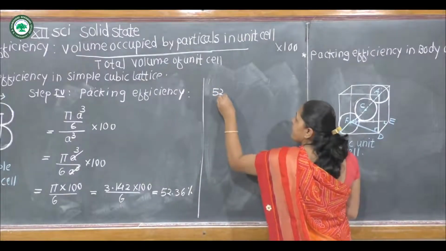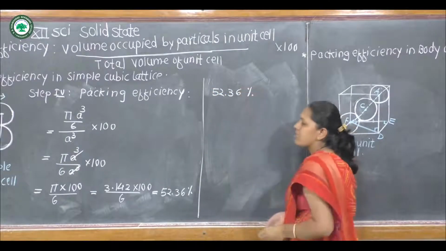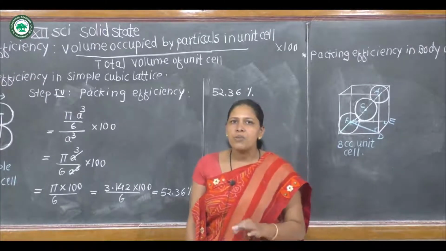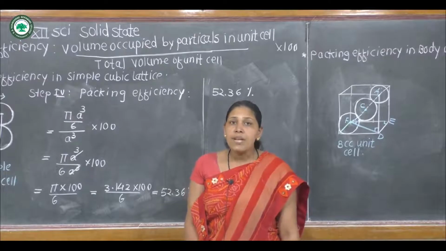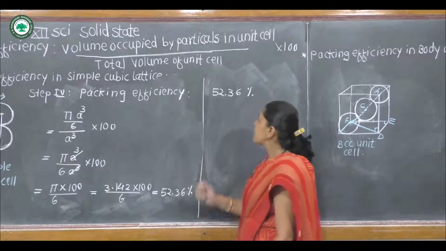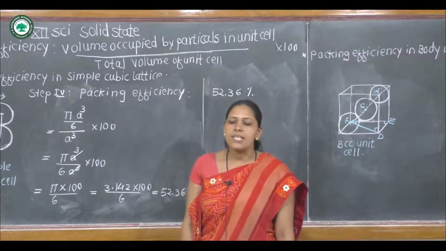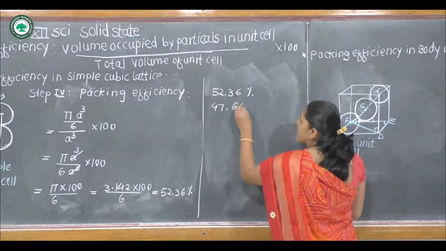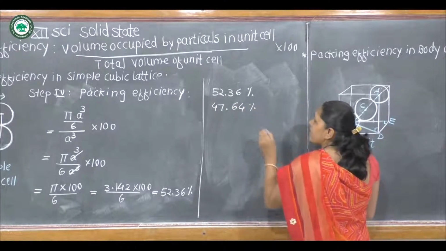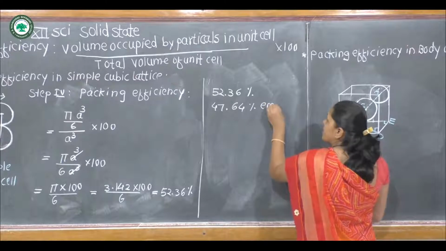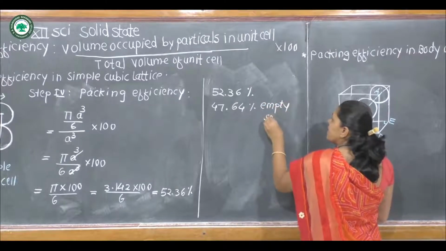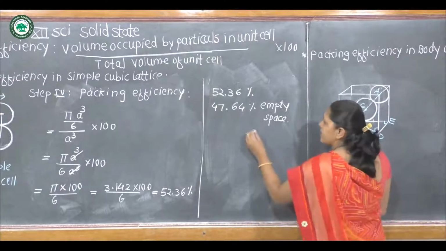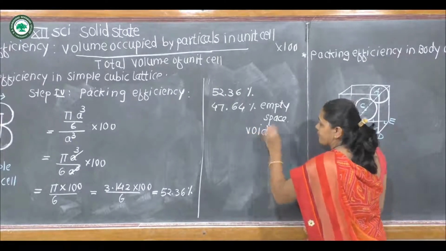Therefore, 52.36% is the space occupied by one particle in the simple cubic unit cell, and the remaining, that is 100 minus 52.36, becomes equal to 47.64. 47.64% is the empty space. Empty space is called void.